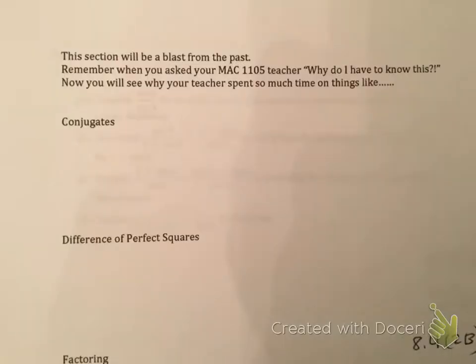This section is going to be a blast from the past. So, remember when you took MAC 1105, when the heck do I use some of this stuff, or why do I have to know it? Now you're going to see why your teacher spent so much time on things like conjugates. So if I have some binomial, let's say a plus b, its conjugate is going to be a minus b.